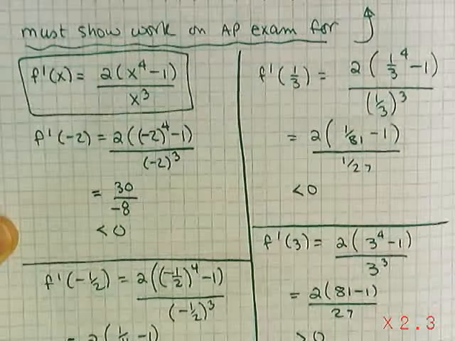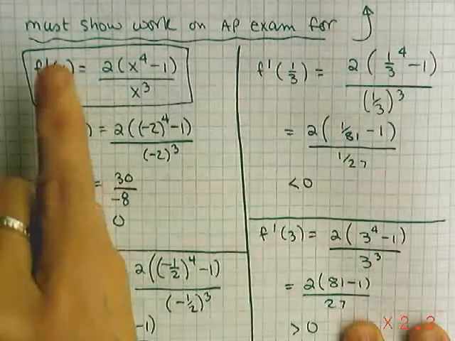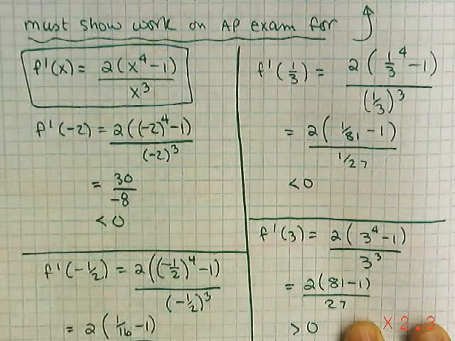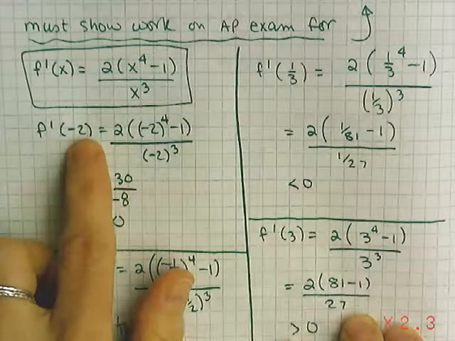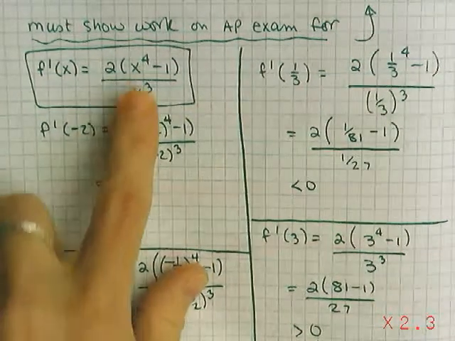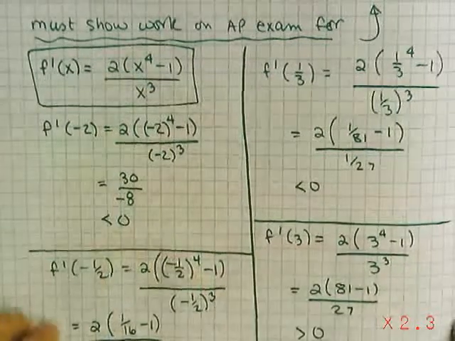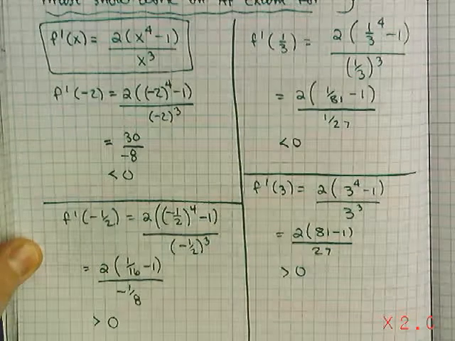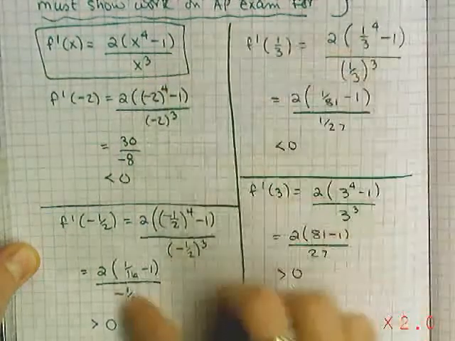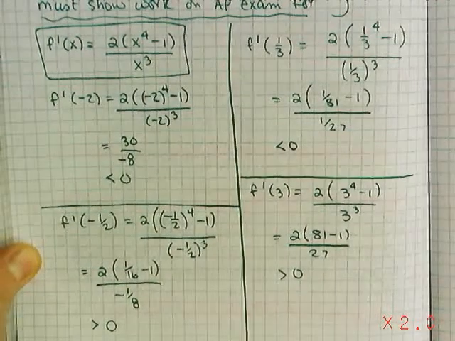At your test values, very important, you plug the test value into your derivative, not your regular function, but your derivative. I'm going to leave this here, and you verify. I don't have to talk about it again. You make sure why I made those decisions.